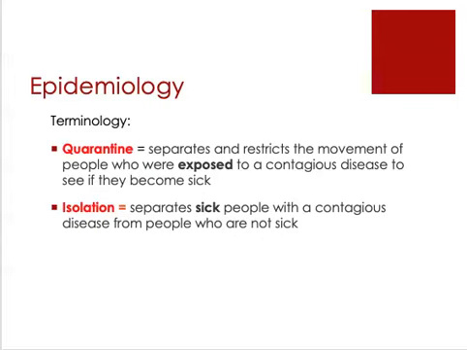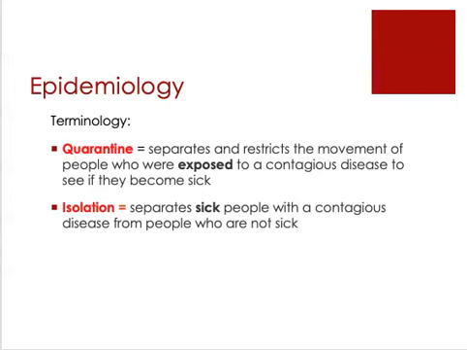So those two words are sometimes used interchangeably, especially recently, and they mean very different things. We quarantine people who are healthy, but who have been exposed to someone who has a contagious disease, or who have been exposed to one of those common sources for an epidemic. They're not sick, but we're concerned that they might become sick.